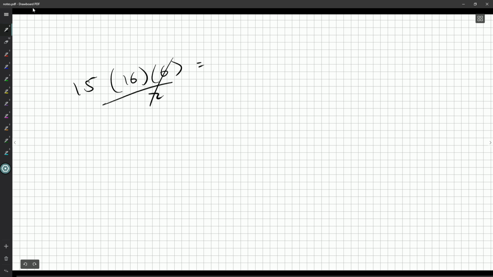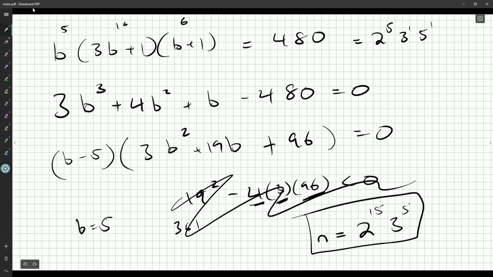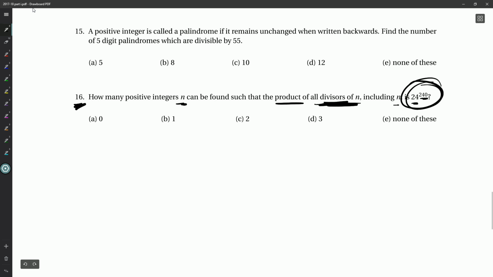So that's going to be 3, so that's 48 times 15, or 24 times 30, so that is 720. And then 5 times 16 times 6, all over 2 should be 240, because we just divide by 3. So yeah, that works, and there's only one. And that does the trick.